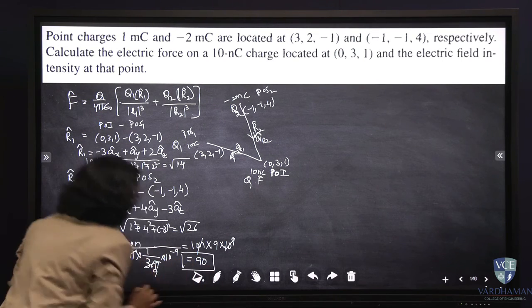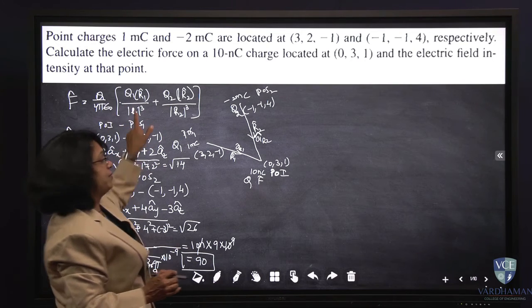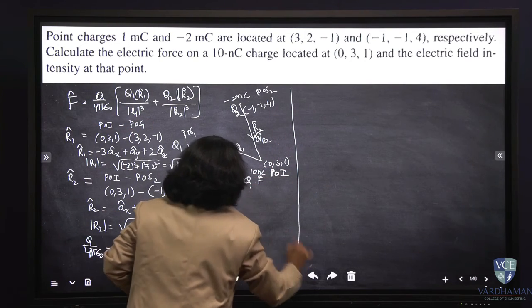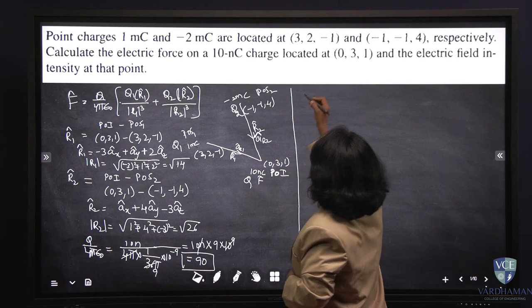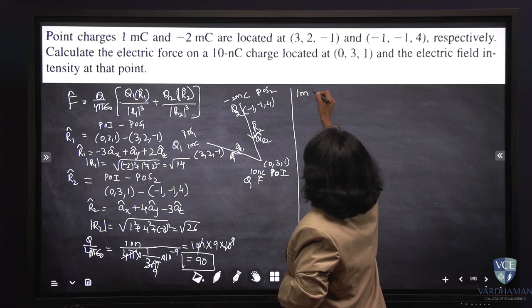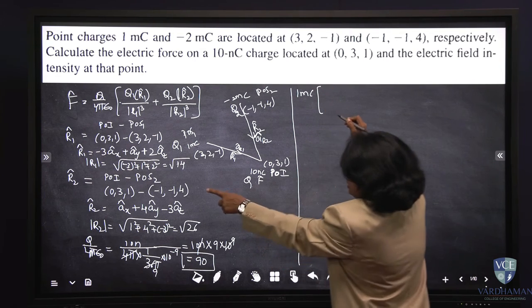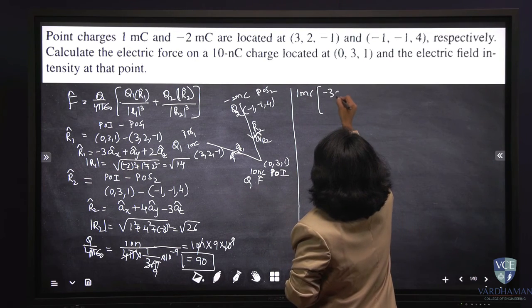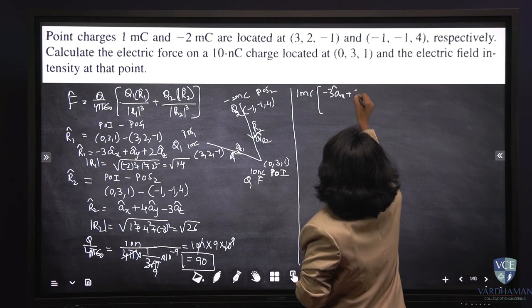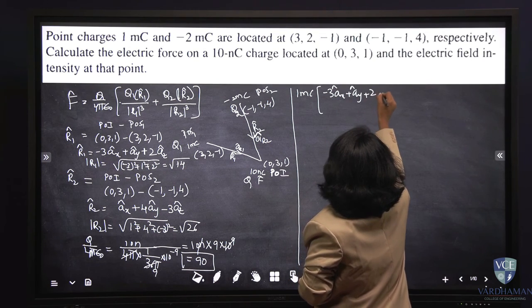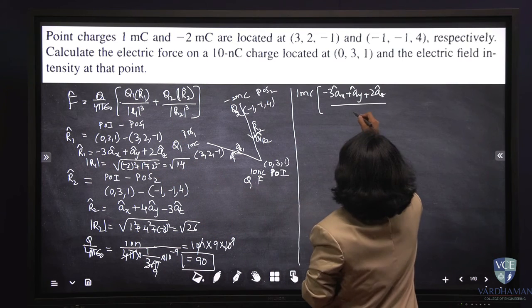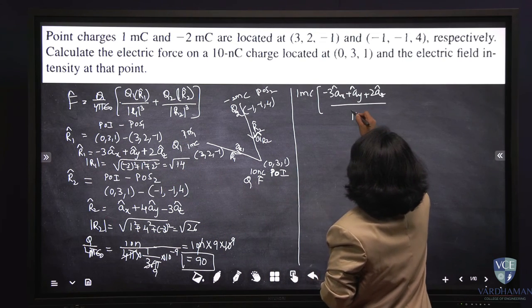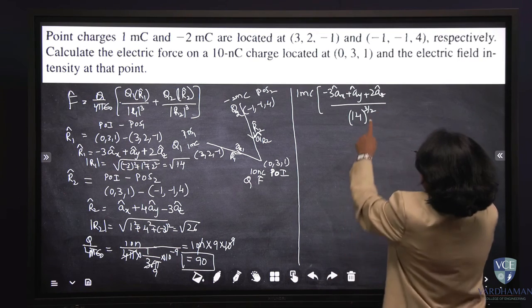Let us write it here. Now we will solve the internal brackets and then write the final answer. The first one is Q1, which is 1 millicoulomb, multiplied by the distance vector R1, which is minus 3ax plus ay plus 2az, divided by the magnitude whole cube. The magnitude is root 14, whole cube, which is 14 power 3 by 2.